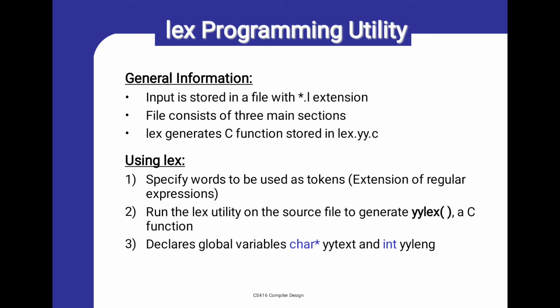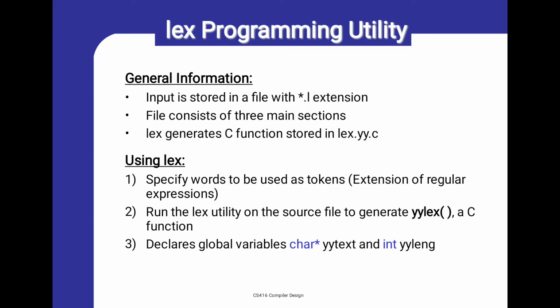For example, the specification file can be saved with the .l extension. The .l file is then given to the Lex compiler to produce its output, that is lex.yy.c. This lex.yy.c is a file in the C programming language which is actually a lexical analysis program.